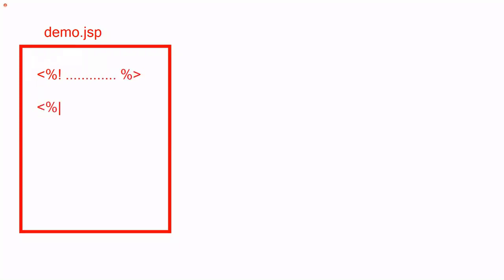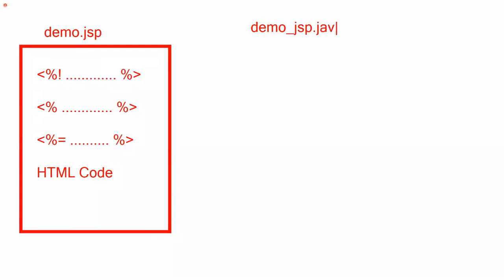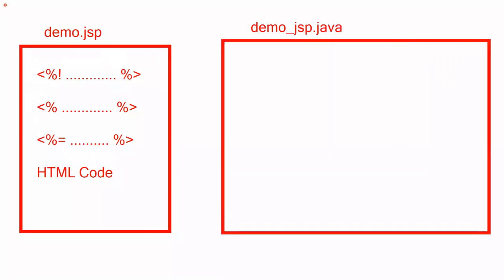We can write scriptlets. We can write expressions. We can write HTML code. This JSP is converted into a Servlet, Demo_JSP.java. While converting, what is happening? That I'm going to explain.